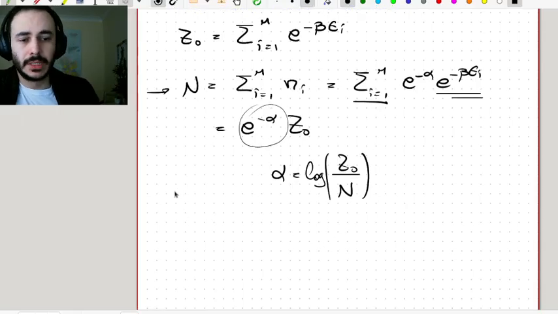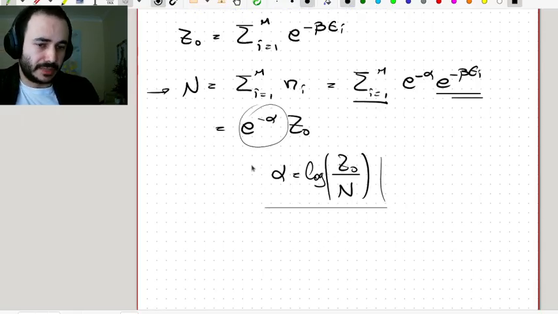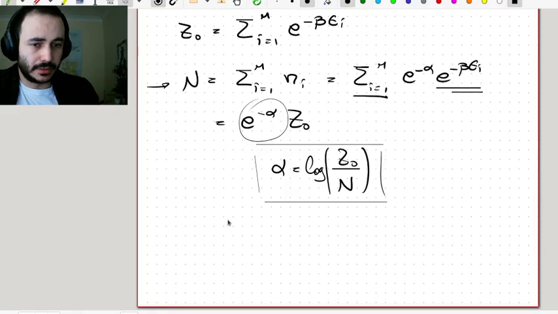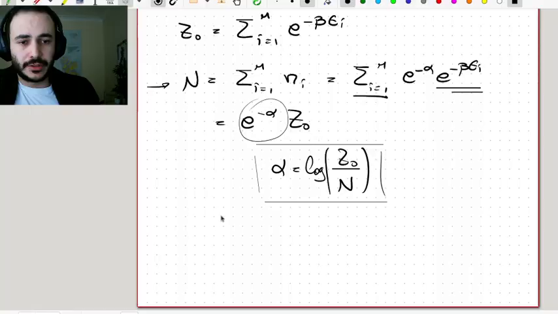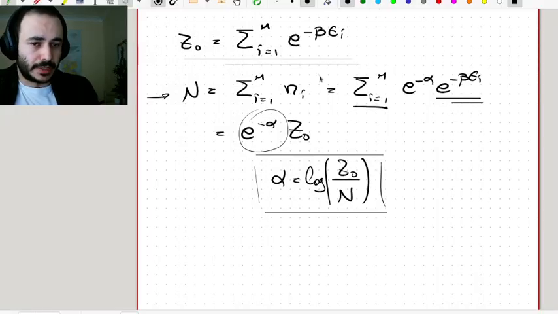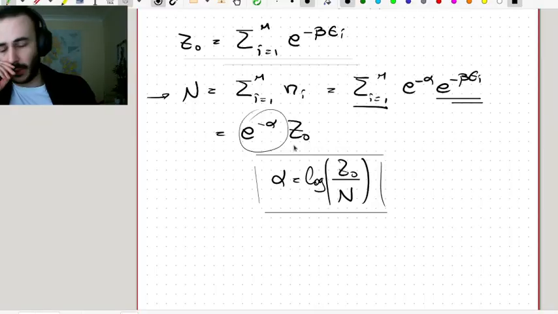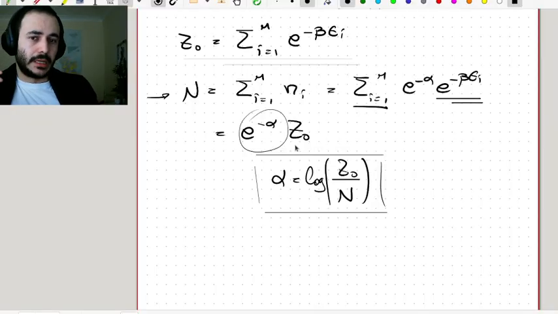Keep this identity in mind because we are going to use it in a second. Just by looking at the form of this term, we see that we can calculate a lot of useful things only knowing this sum. When you have a problem in statistical mechanics, usually what you want to do first is to calculate the partition function.